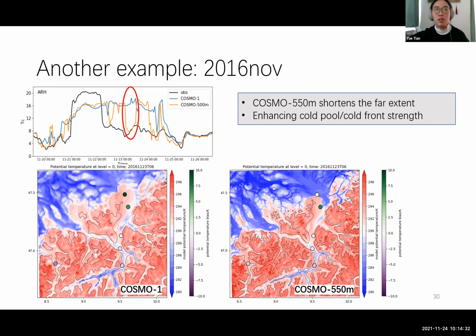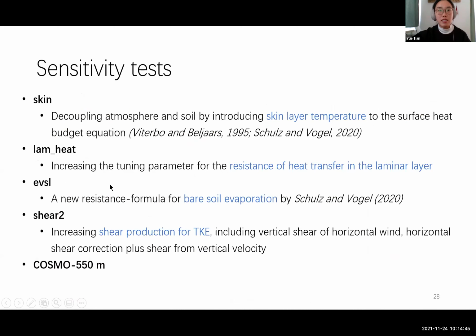In the sensitivity test, we only tried increasing the shear production for TKE, but it is still not a 3D TKE scheme. It is still basically just a minor modification of a 1D TKE model. So we are now thinking this probably could be the issue.